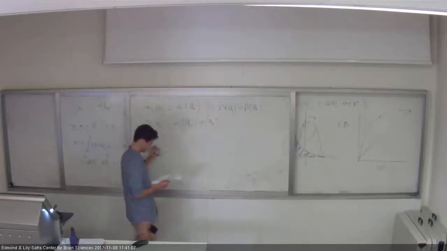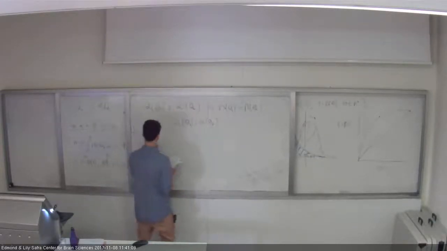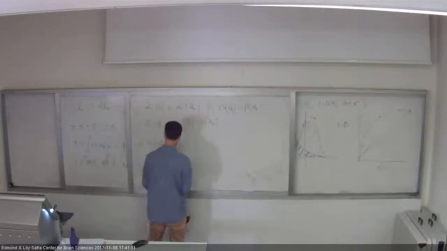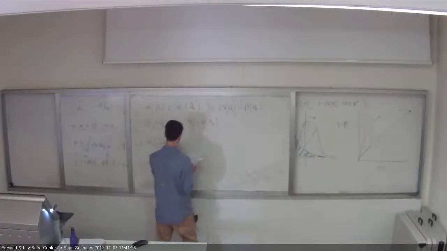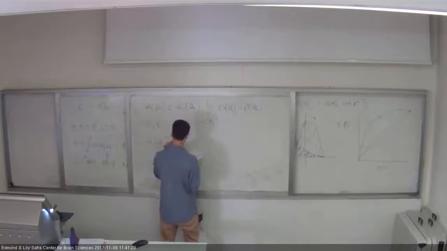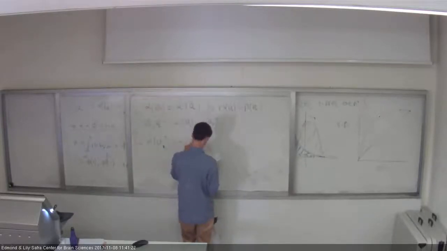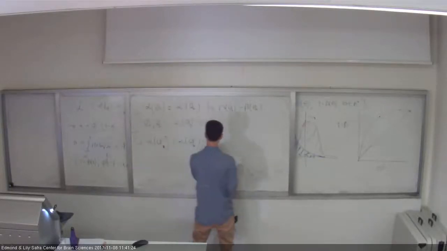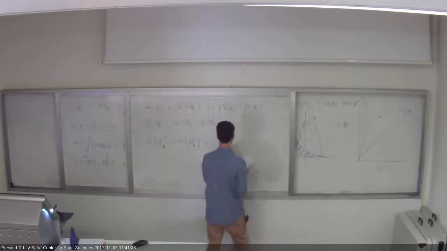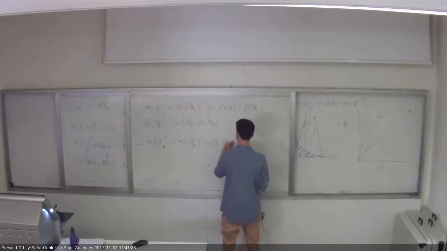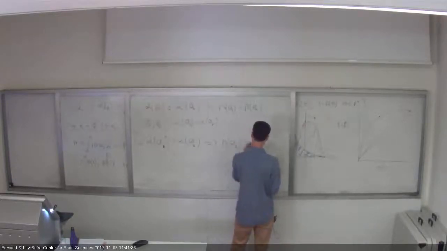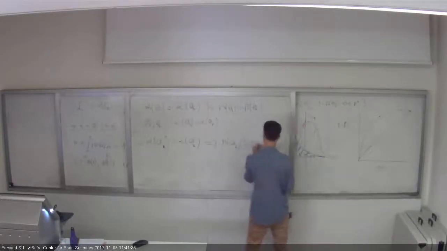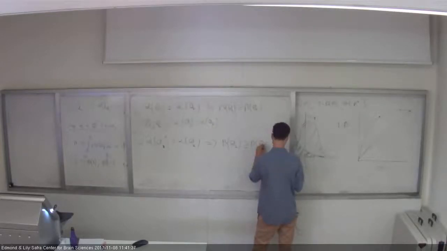Applying it to theta 1, alpha of theta 1 equals alpha of theta 2, which brings us to beta of theta 2 being bigger or equal to beta of theta 1.